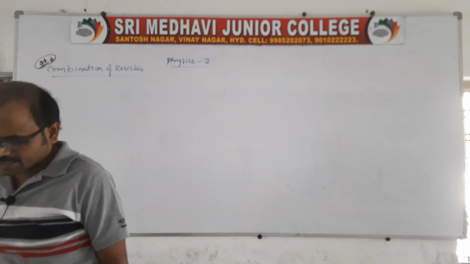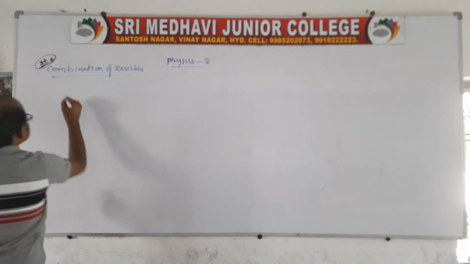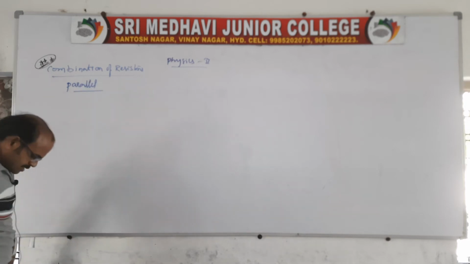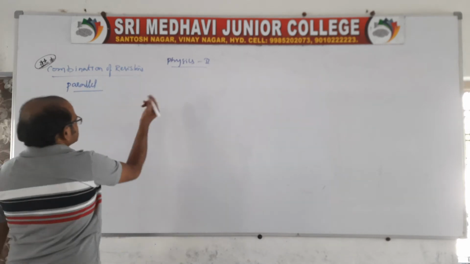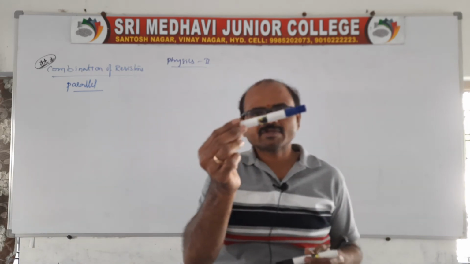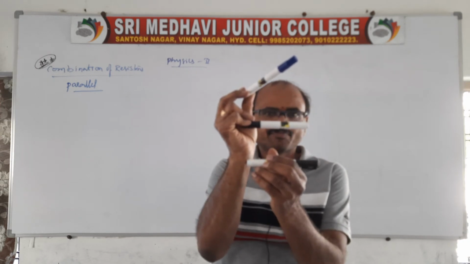So the next combination is the parallel combination. What will happen in the parallel combination? Suppose you take a number of resistors. Once again I'll show you. This is resistor 1, this is resistor 2 and this is resistor 3.